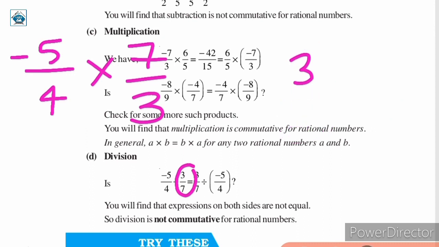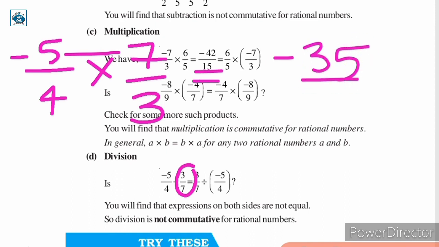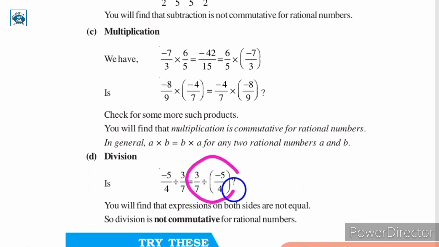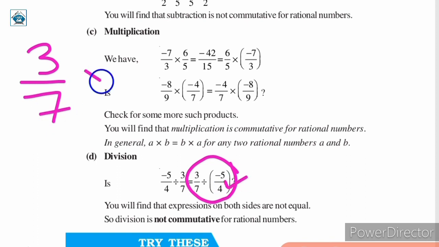Now here in this case, we need to multiply these two rational numbers, and as you can see, when minus 5 is multiplied by 7, we have minus 35 and the denominator will be 12. So in the first case, that is in the LHS, we have minus 35 upon 12. Next, for the second part, that is the RHS, when 3 by 7 is divided by minus 5 by 4, we can write this as multiplied by minus 4 upon 5, the reciprocal of minus 5 by 4.